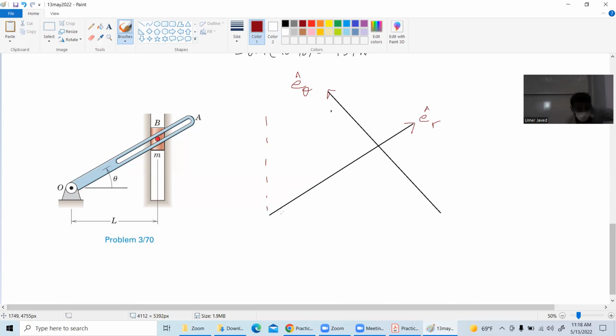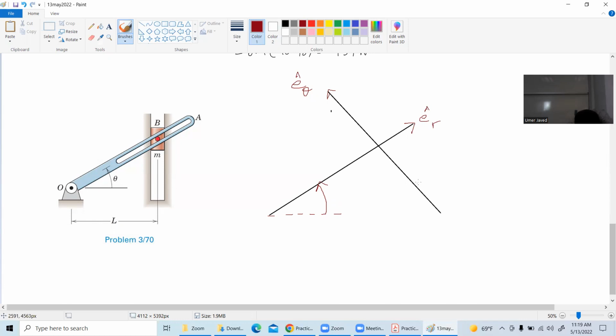Now, let's suppose this is my increasing theta. And the question says this is my length L given to me.